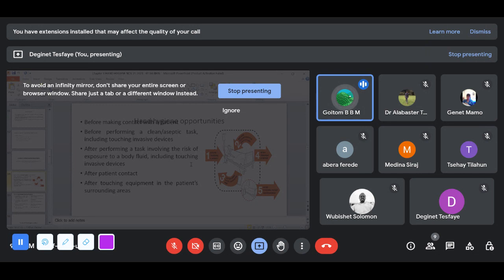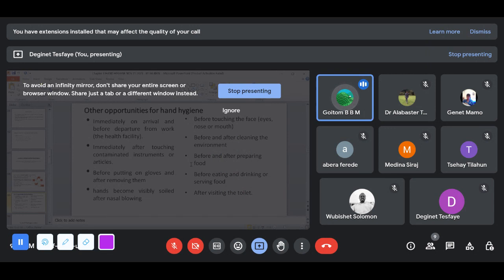Other opportunities for hand hygiene are immediately after arrival and before departure from work, immediately after touching contaminated instruments or articles, before putting on gloves and after removing them.